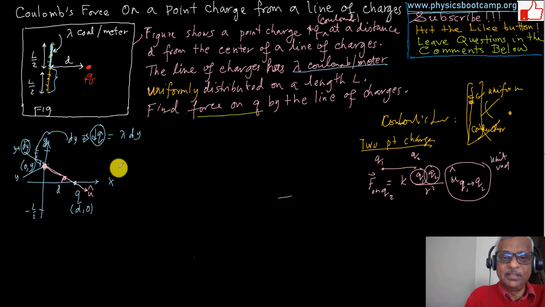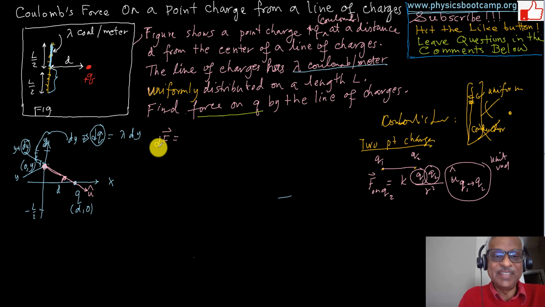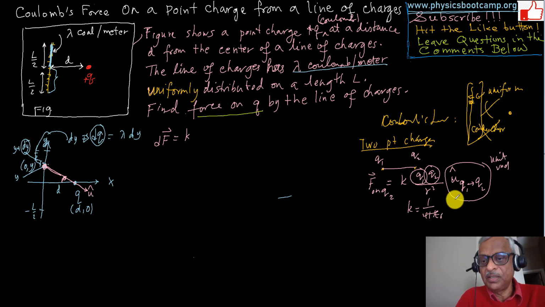Okay, so let's see. We have this, we can write down dF from this guy. We write it in this way just to indicate it is from the infinitesimal, and you have a k, and if you remember, k is 1 over 4 pi epsilon naught, which has a value of 9 times 10 to the power 9 newton meter squared over coulomb squared.